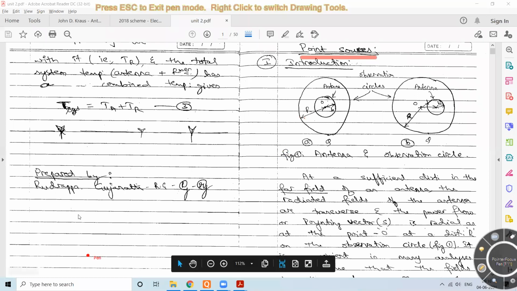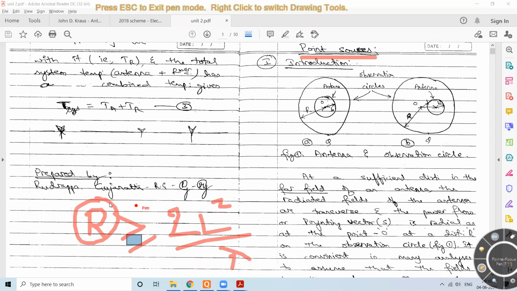In order to discuss point sources, if you remember, we had observed one condition where R should be greater than or equal to 2 L square by lambda. Here R is the distance between the transmitting antenna and the receiving antenna.